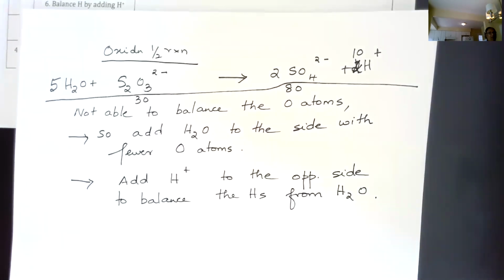Once you have the oxidation half and the reduction half, you add water to the side with fewer oxygen atoms, and because you're adding H's, you need H's on the other side.